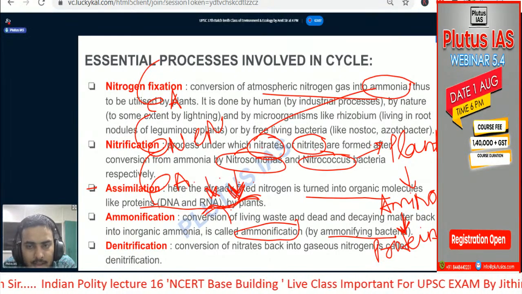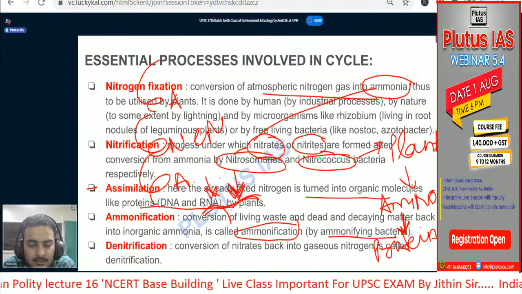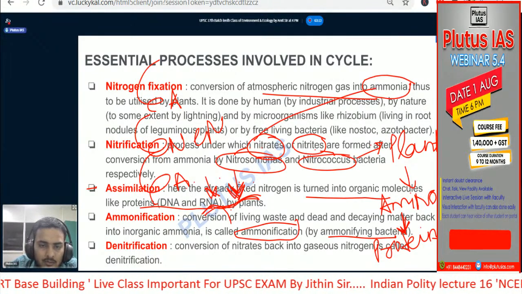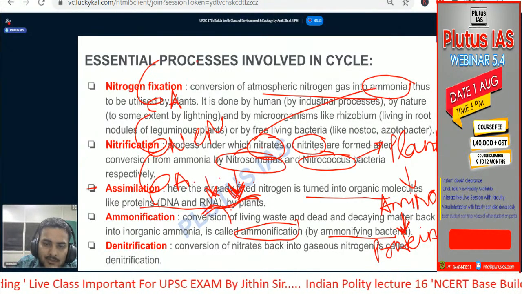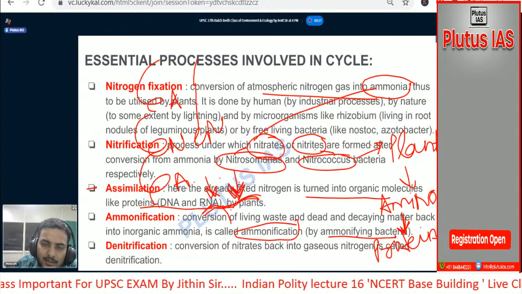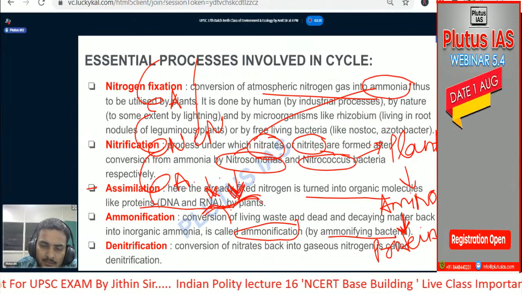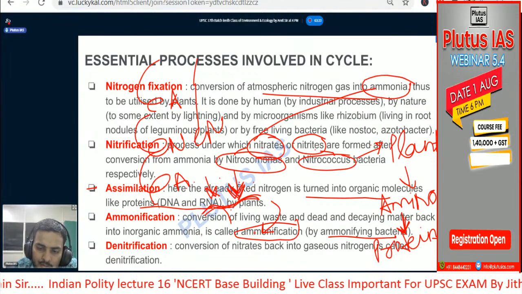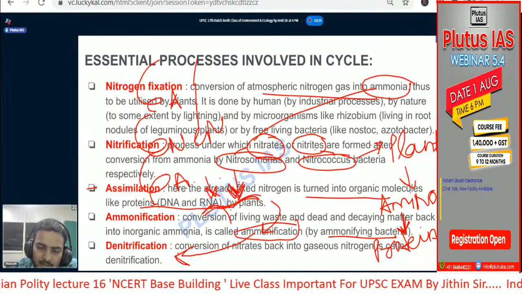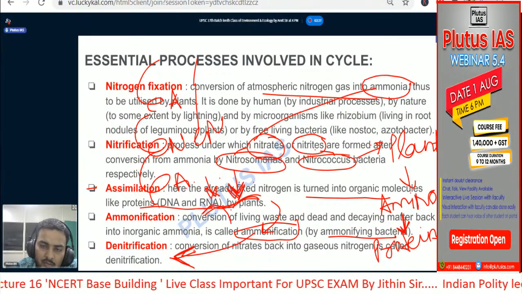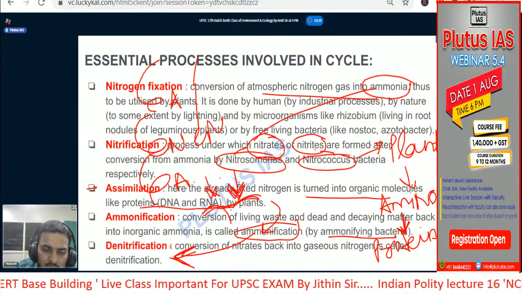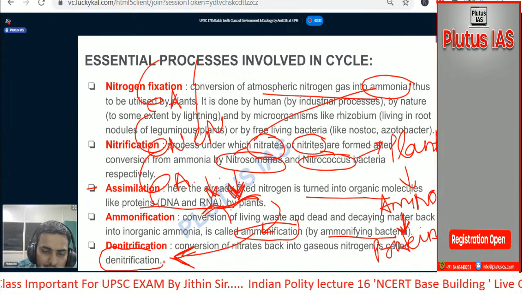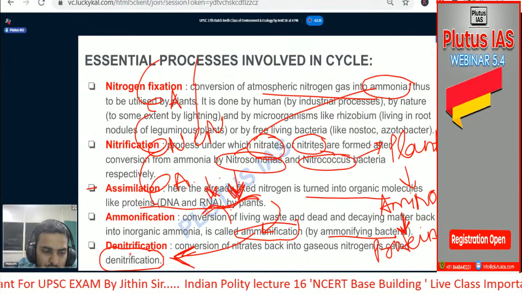The last point is denitrification. It is similar. First we converted into ammonia, then into nitrates. These waste compounds having nitrates have been converted to ammonia, and now it would be converted back to gaseous nitrogen to be released into the atmosphere. There are denitrifying bacteria which aid this process.